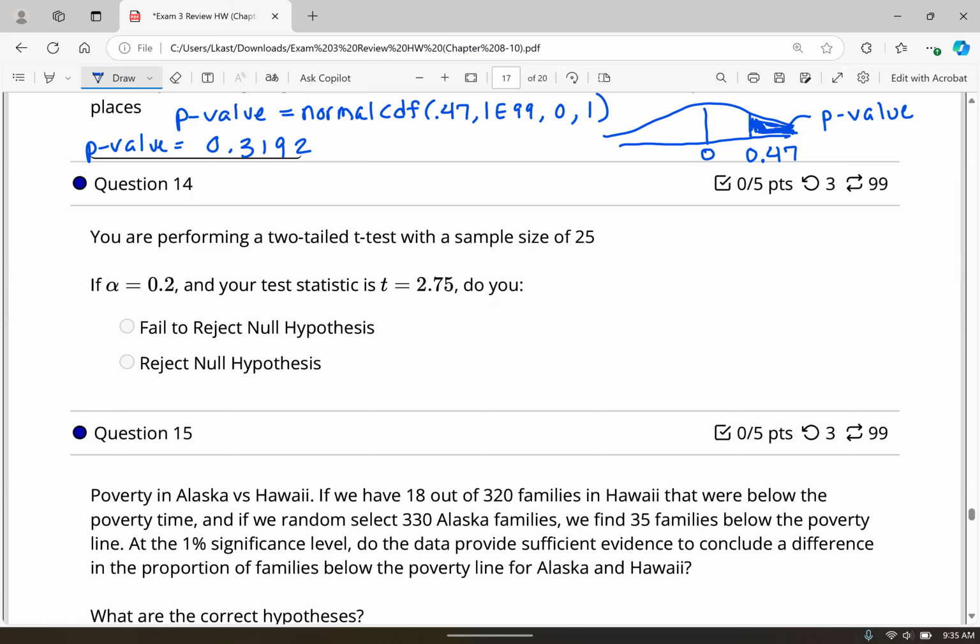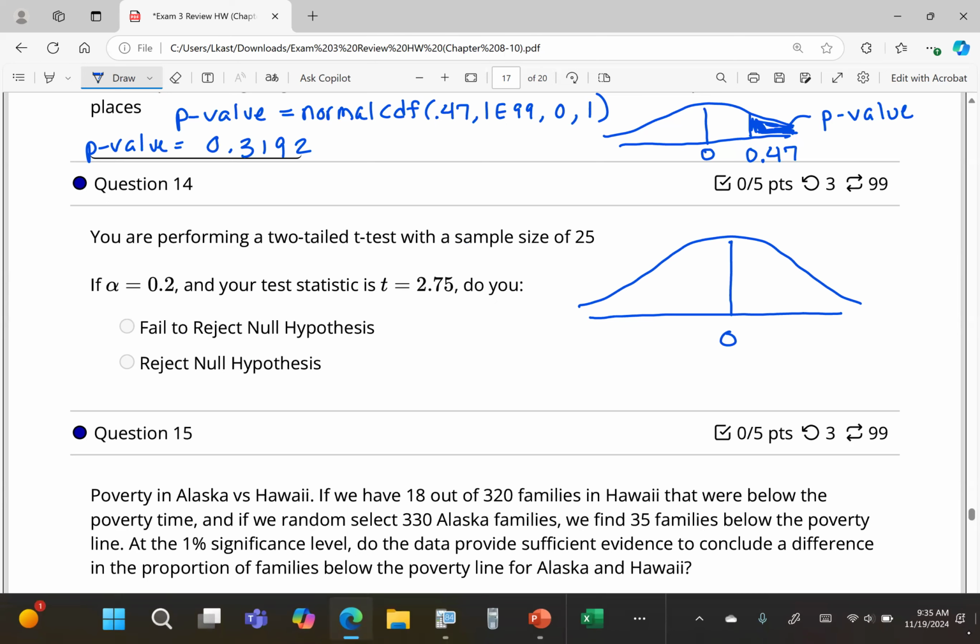With a sample size of 25, alpha is 0.2, your test statistic is 2.75. Do you fail to reject or reject the null hypothesis? So just like a normal curve, a t-curve, a student's t-curve, is symmetric.